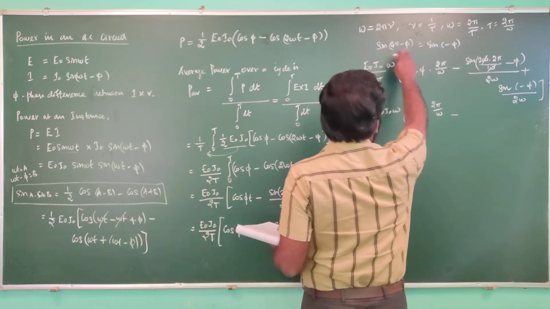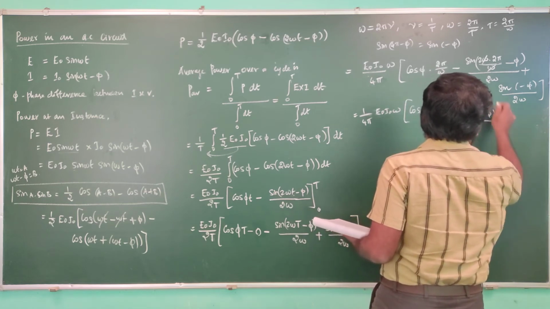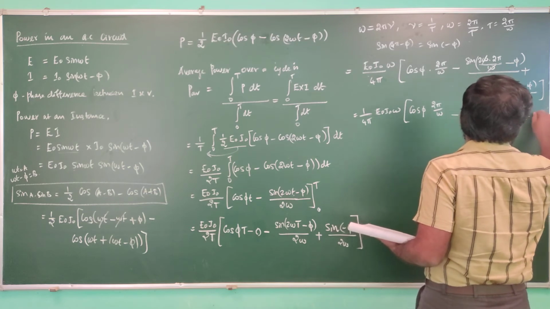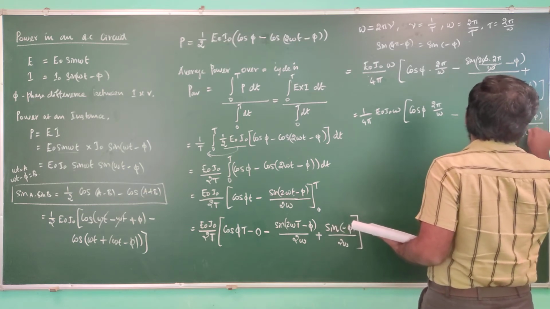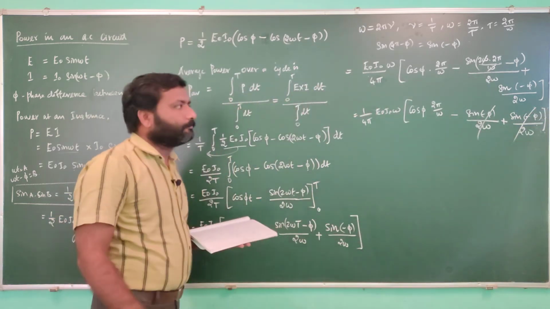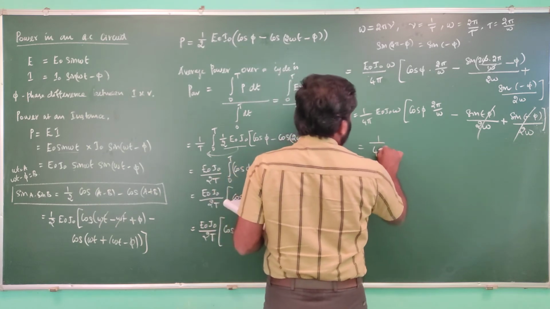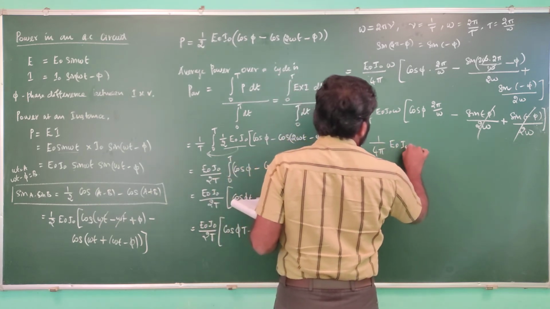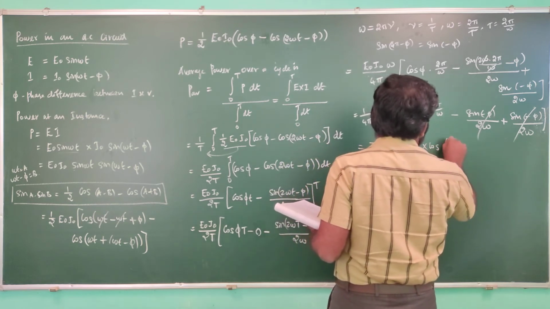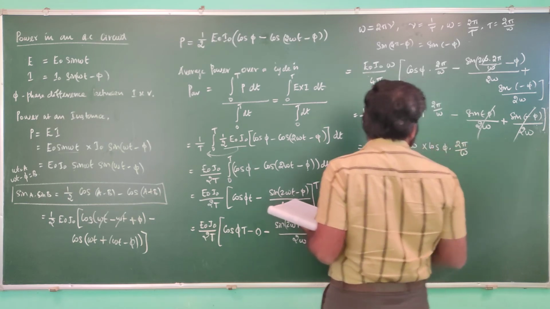Sine of 4 pi minus pi becomes sine of minus pi, so sine of minus pi divided by 2 omega, plus sine of minus pi divided by 2 omega. So this will cancel out. So what's remaining? 1 by 4 pi E naught I naught omega multiplied by cos pi into 2 pi by omega.